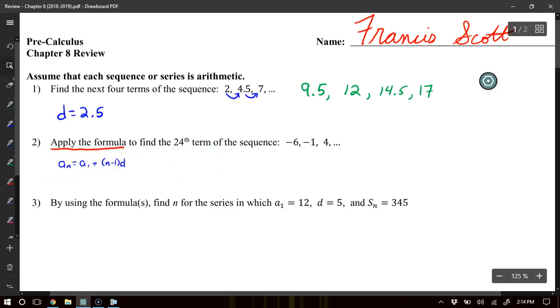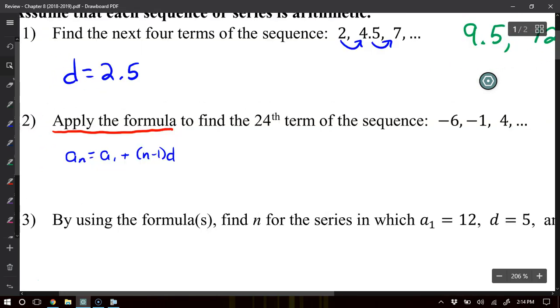That's the goal of this problem. Find the 24th term. What that means is you want to find a sub 24. So we want to know what is a of n when n is 24.